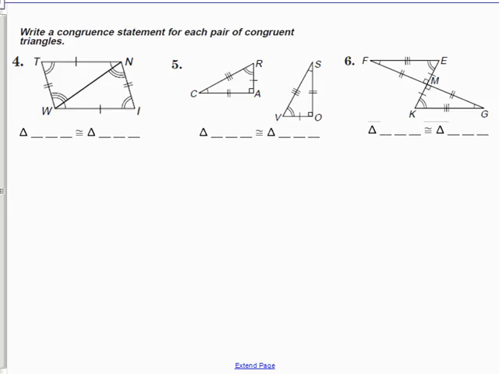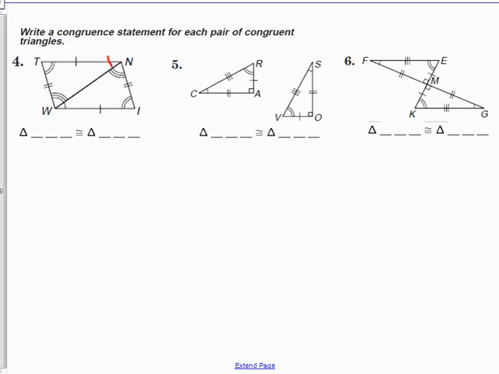Next, write congruent statements for each pair of congruent triangles. This is again what we just did, except now you have to name both of the triangles and make sure that the corresponding parts are in the right order. I always like to do 1, 2, 3. It's easier for me to remember.